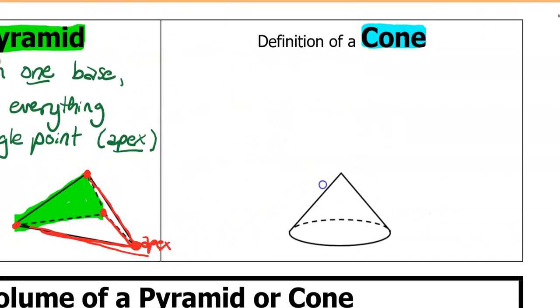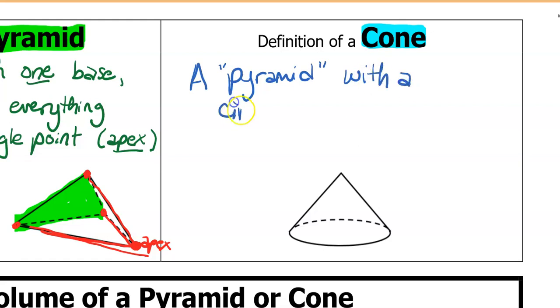And then, as I said, just like a cylinder is basically a prism, a cone, as you see here, is basically a pyramid. A cone is going to be, I'll put it in quotation marks, because pyramids aren't supposed to have rounded edges or rounded sides. But a cone is basically a pyramid. It's just that it has a circular base.